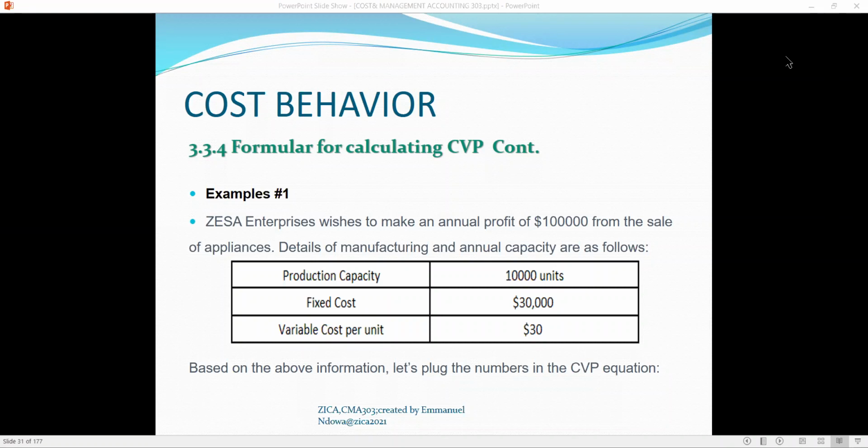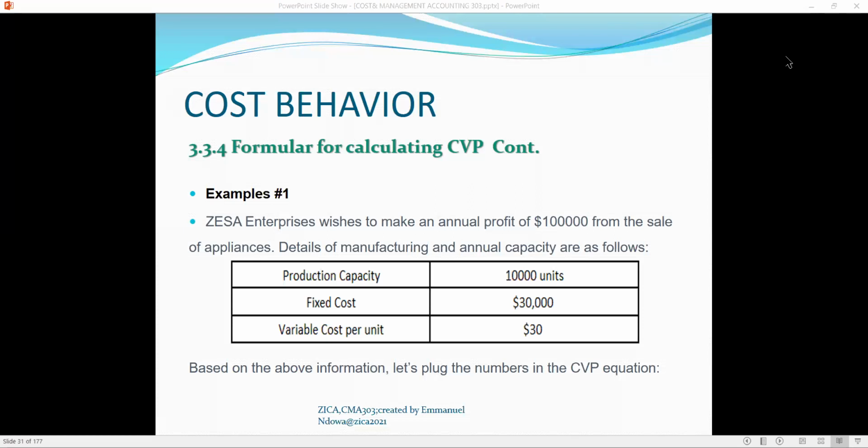Based on the above information, let's now plug the numbers in the CV equation. We have seen that our CV equation says total revenue equals variable cost plus fixed cost plus our profit. That's how we can balance the cost volume profit equation.